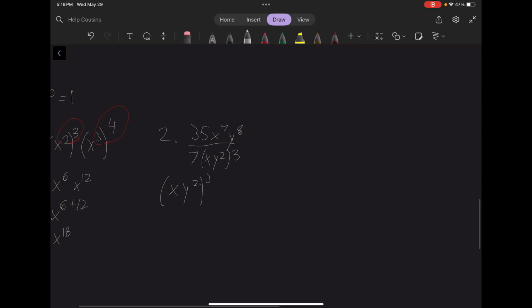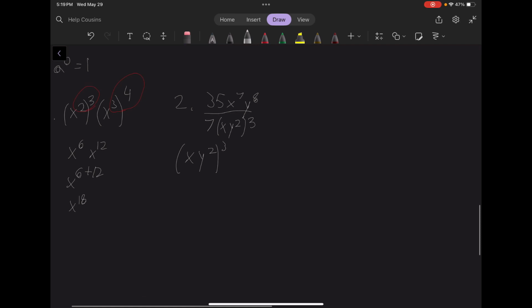You use the power of 3 on both of these factors. So you have x to the power of 3 and y to the 2 times 3. So it's actually not just y to the power of 3, or x to the power of 3. It's going to be x to the 1 times 3.